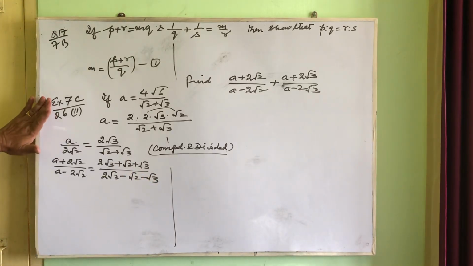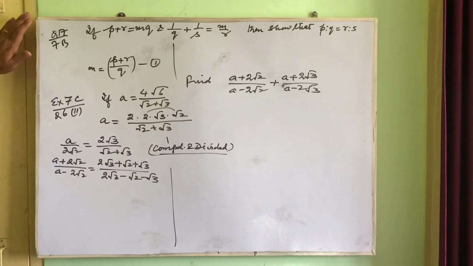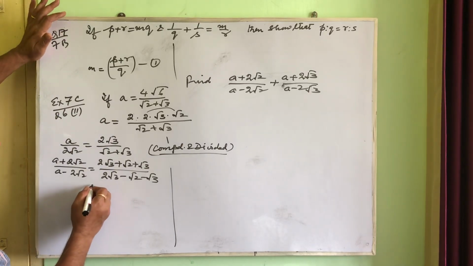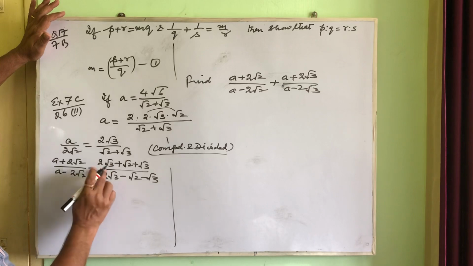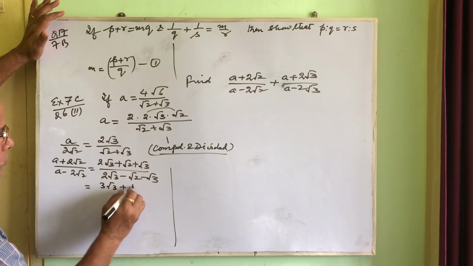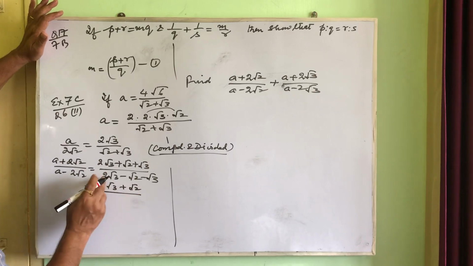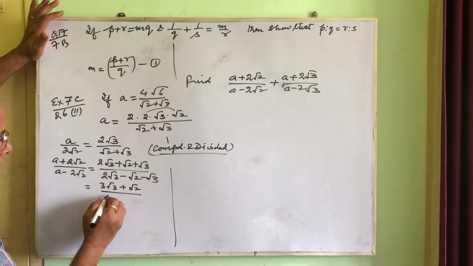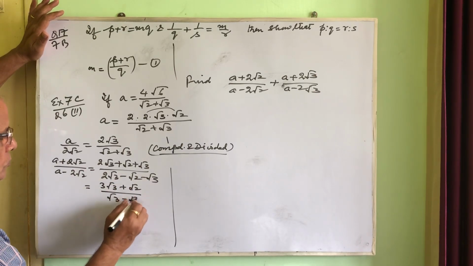Now this will become 3 root 3 plus root 2, and 2 root 3 minus root 3, that is root 3 minus root 2.